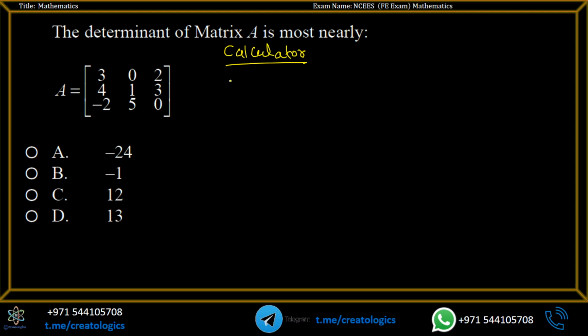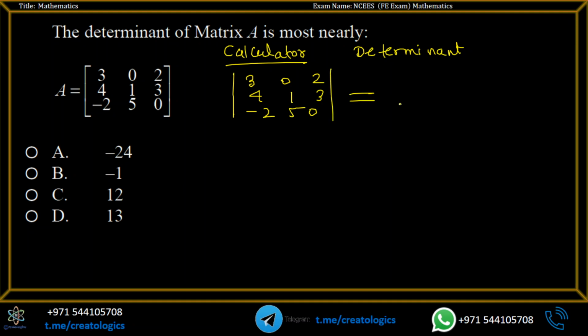So just put these values in your calculator under the determinant calculation, right? Just put those values 302, 413 and minus 250 in the calculator, and that directly gives you your value, which comes out as -1, and that is your direct answer.